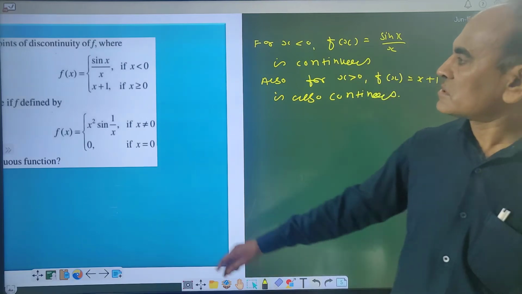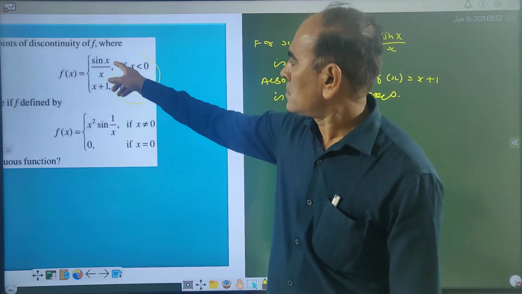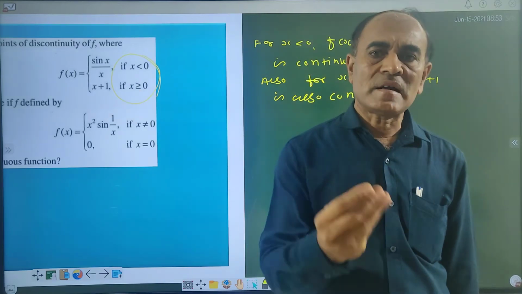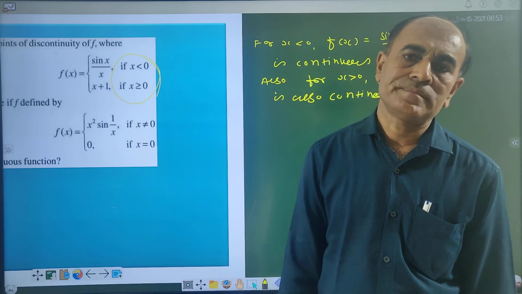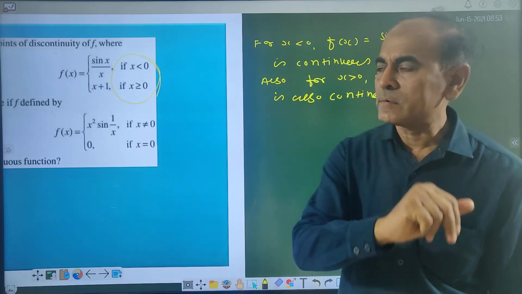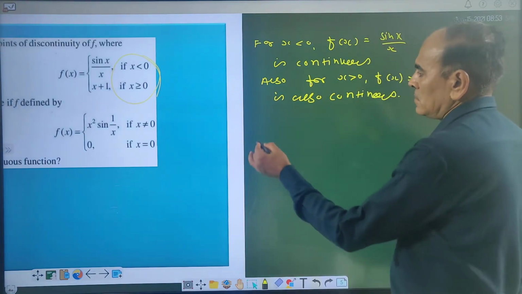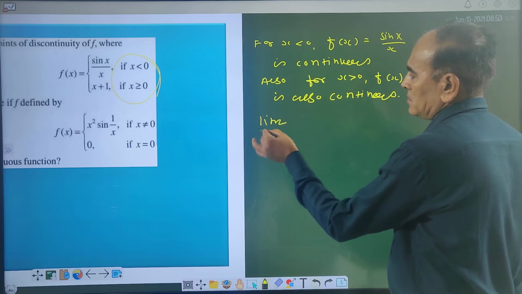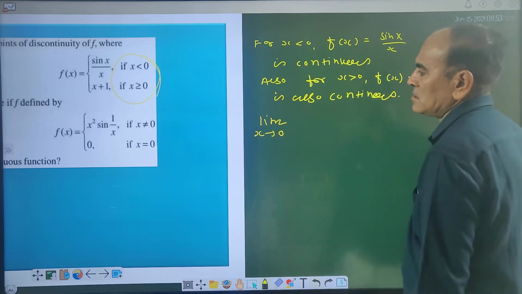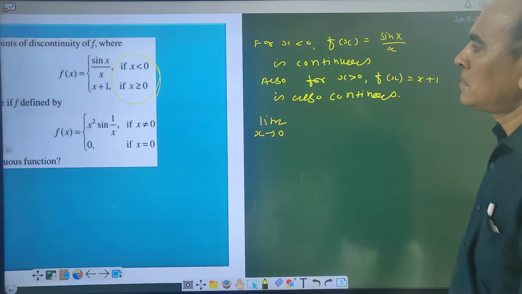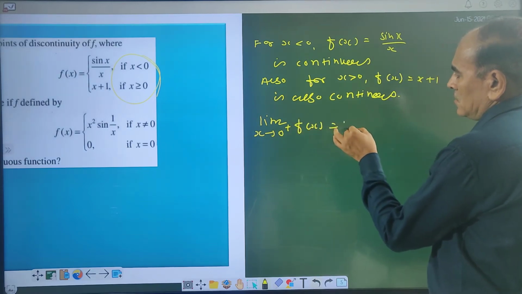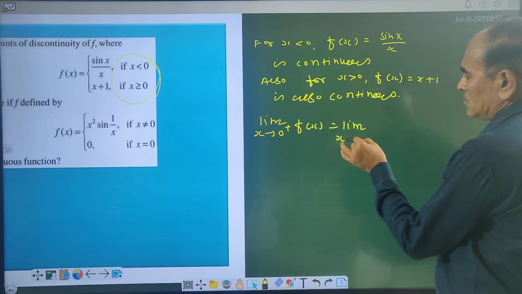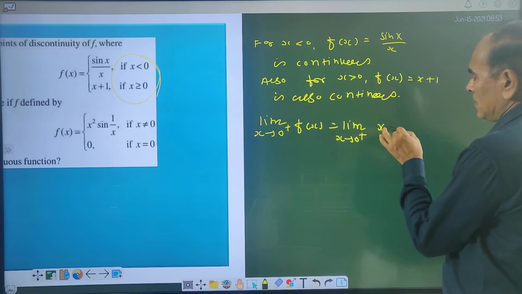Now our aim is to see continuity at 0. At 0, three parts are there: greater than 0, less than 0, equal to 0. So we have to check the continuity at 0. Check it. Right hand limit: limit x tends to 0 plus of f(x).